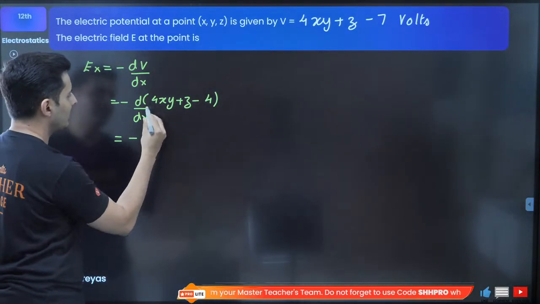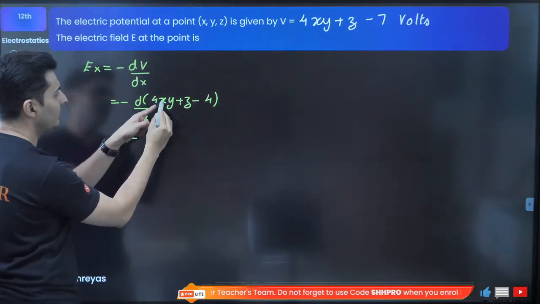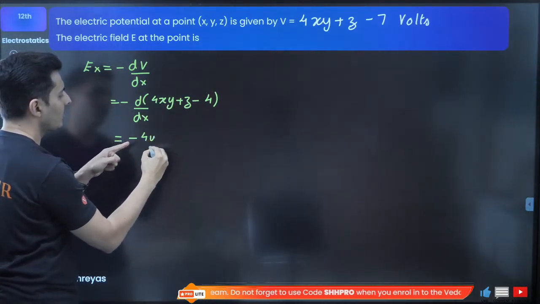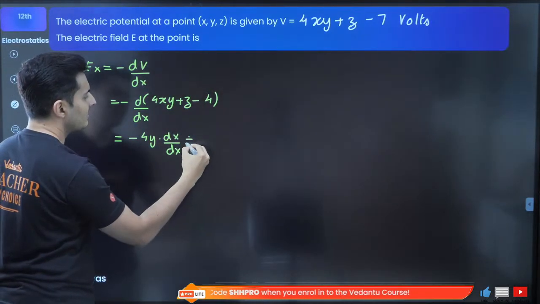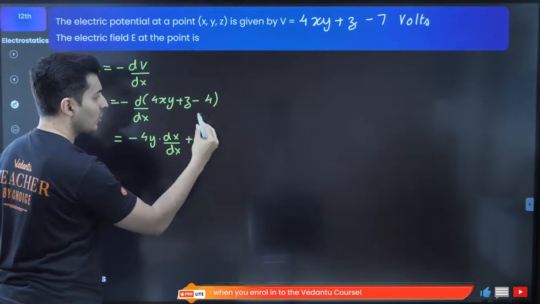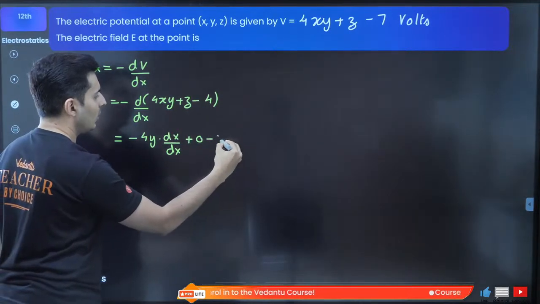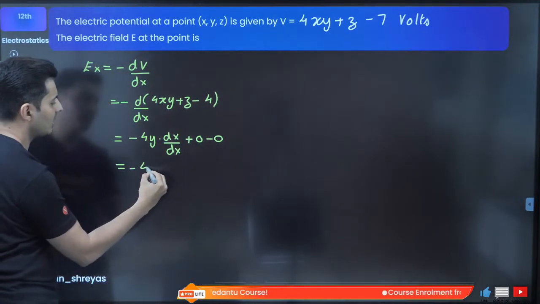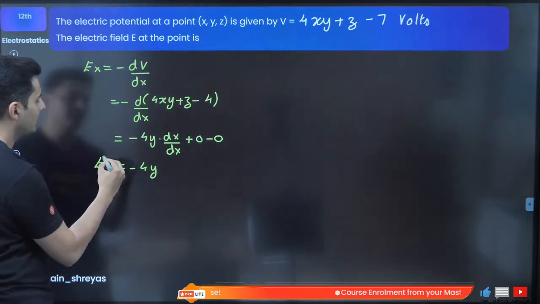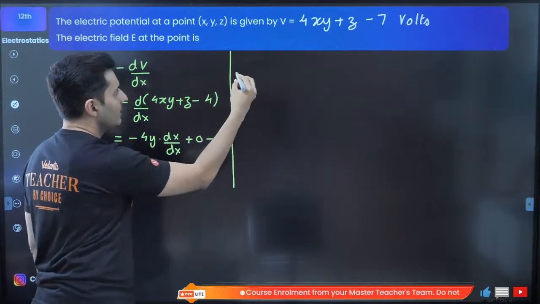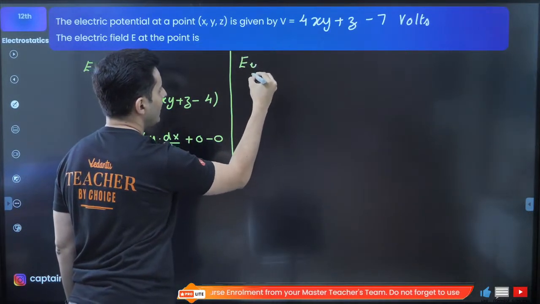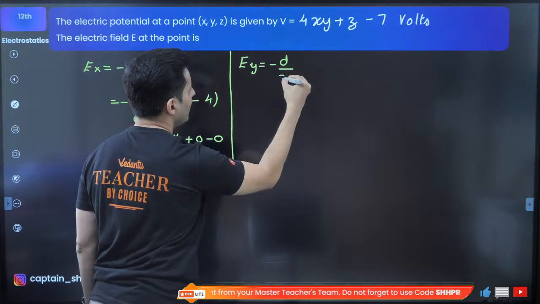So for the 4xy term, 4y will be constant, the derivative of x with respect to x will remain, z's derivative with respect to x will be 0, and 7's derivative will also be 0. So hence it will be nothing but 4y with negative sign. That is the value of Ex. Everybody fine till here?